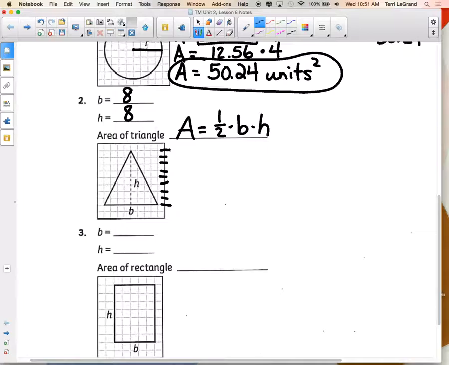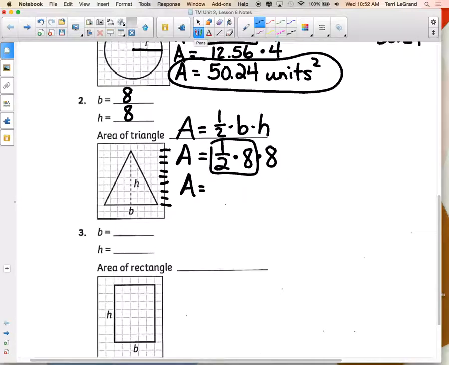Okay? So now we're going to sub in what we know. What do we know? Well, we're looking for the area. We don't know that. And we know that the base is how long? 8. And the height is how high? 8. Okay. So now we're going to work in pieces here.